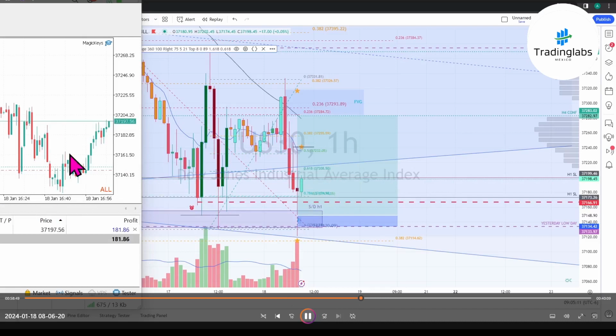This is still M1, this is H1. Look at this. The price reacted beautifully from this low to this high. I made the Fibonacci retracement and it reacted beautifully at the 0.78 of the Fibonacci retracement like a robot.